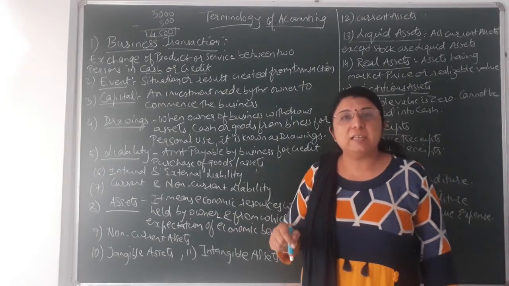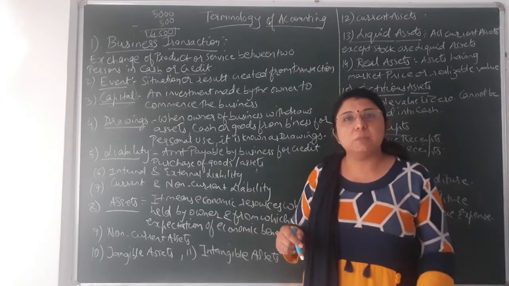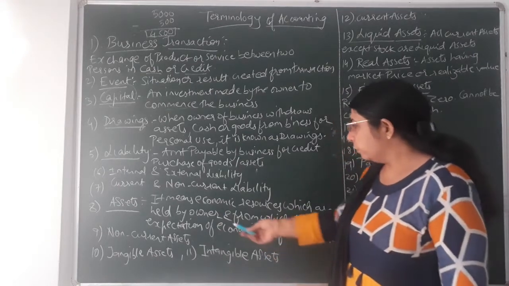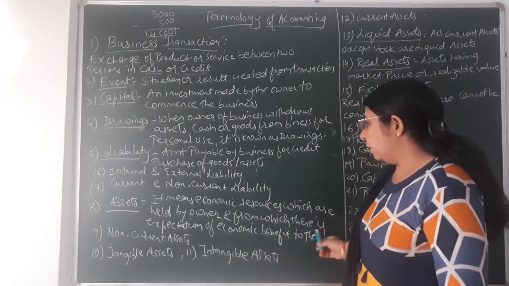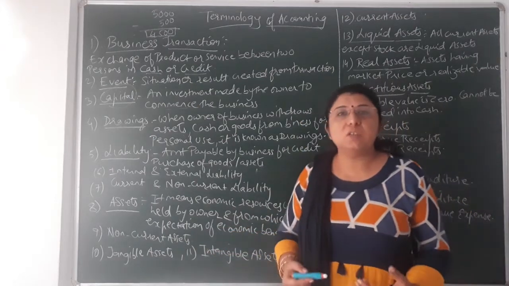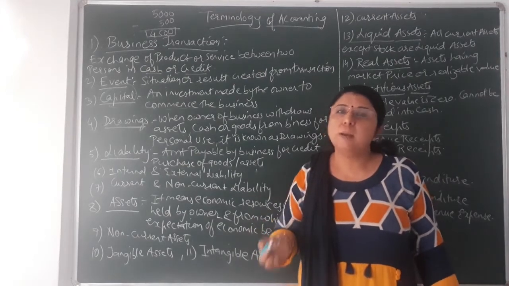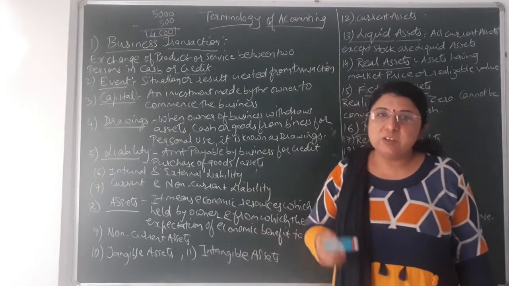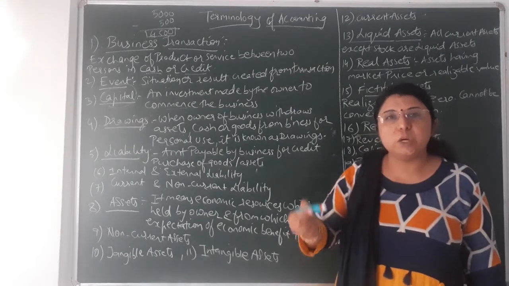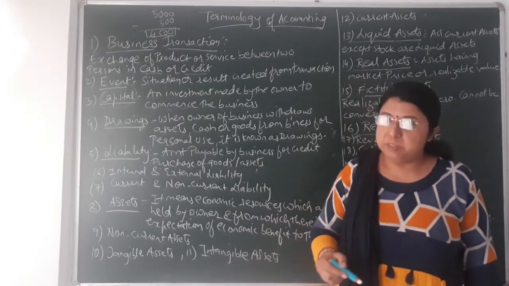The ownership of that asset is with the owner because he purchases that machinery or furniture, and from it there is an expectation of economic benefit to the business. Now why are we purchasing those assets? For the economic benefit or the profit of the business. So we are investing our funds to purchase those assets so as to generate economic benefit to the business.